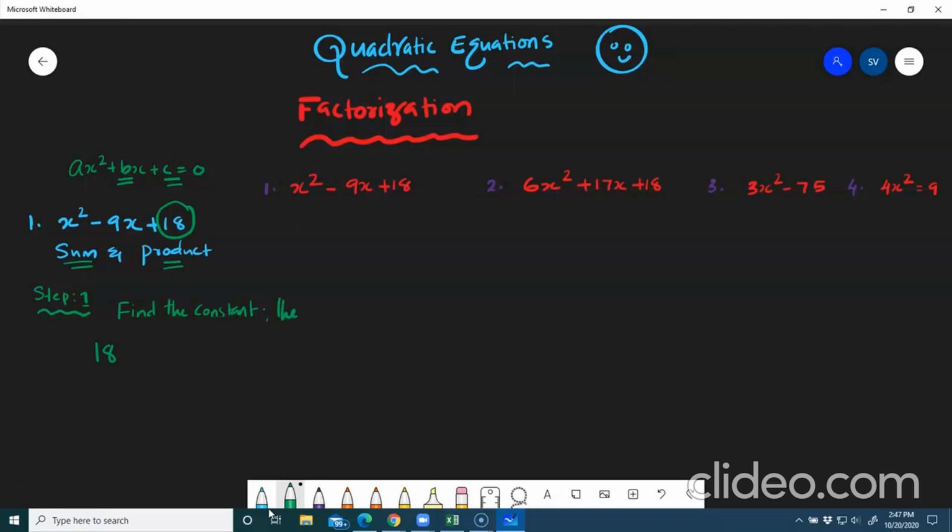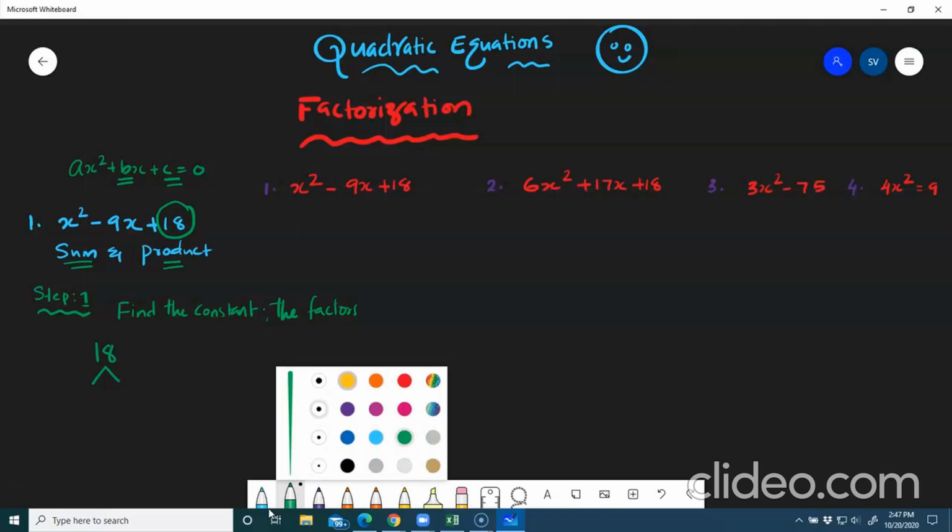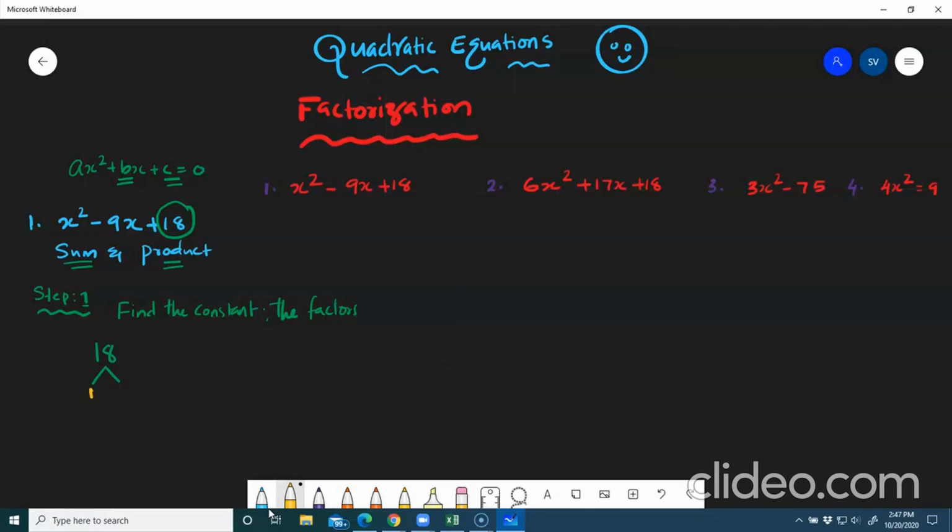Then factorize it, that means write the factors. Factors of 18 are 1 and 18, 2 and 9, 3 and 6. That's it.